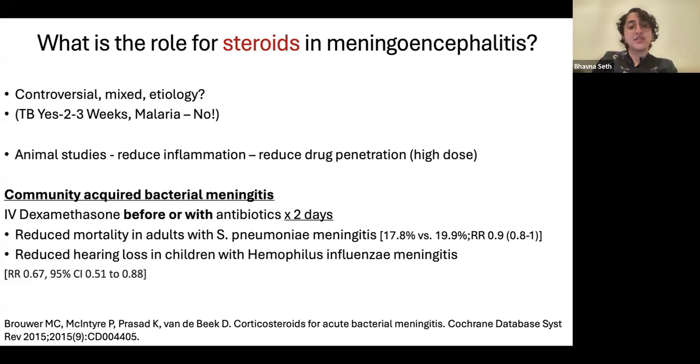However, this then decreases the drug's ability to penetrate and reach effective levels. So one element is that you may be able to alter your drug doses depending on that.